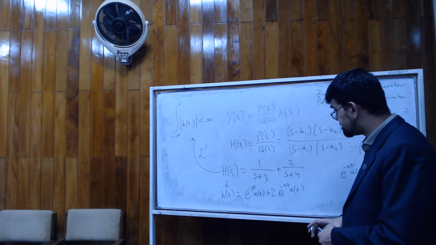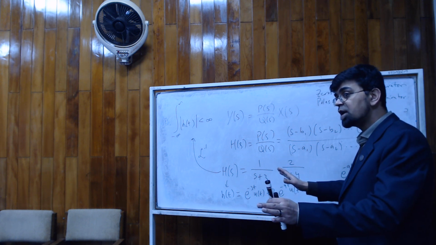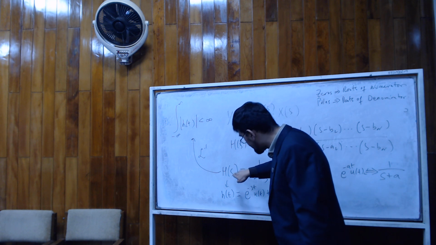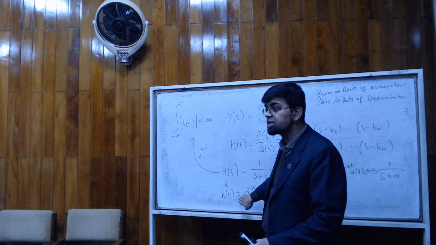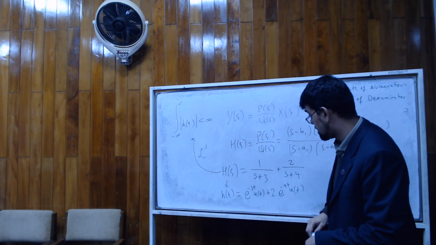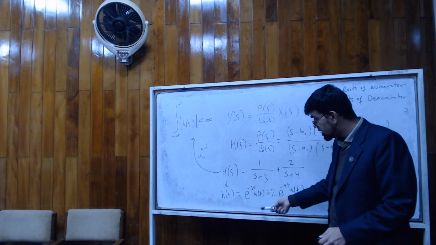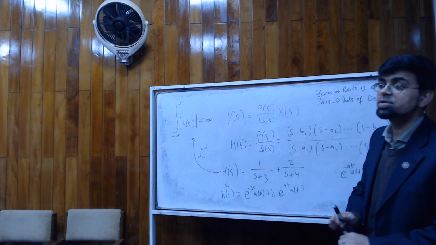Okay, very good. Remember, the question we're trying to answer is, can I tell from here if the system is BIBO stable or not, without doing this? But first we have to do it once or twice to see if there is a pattern. So what do you say, is this system BIBO stable or not?